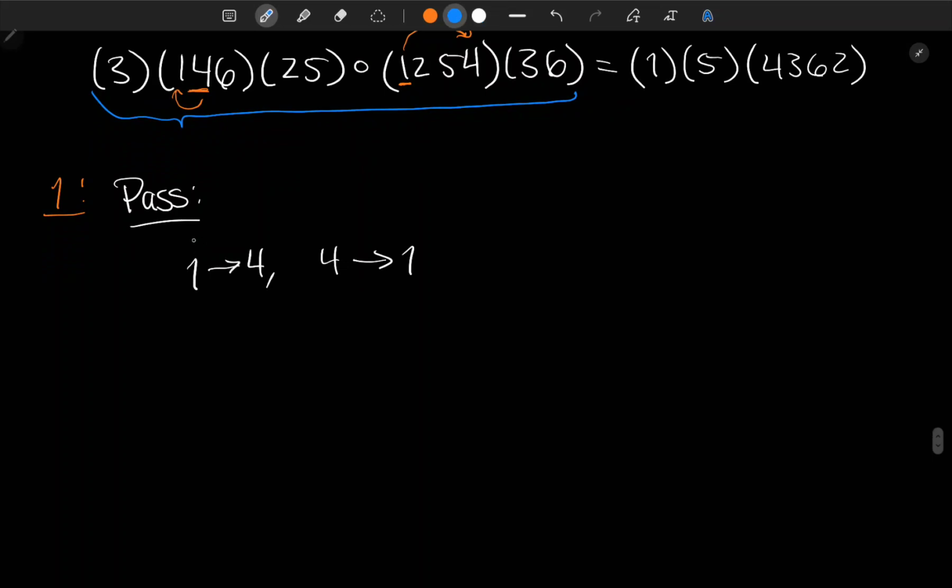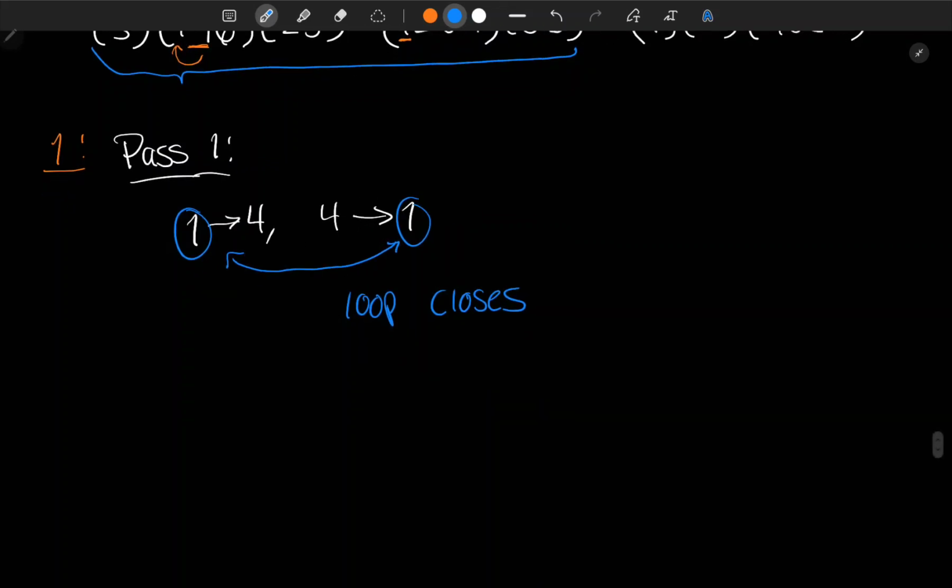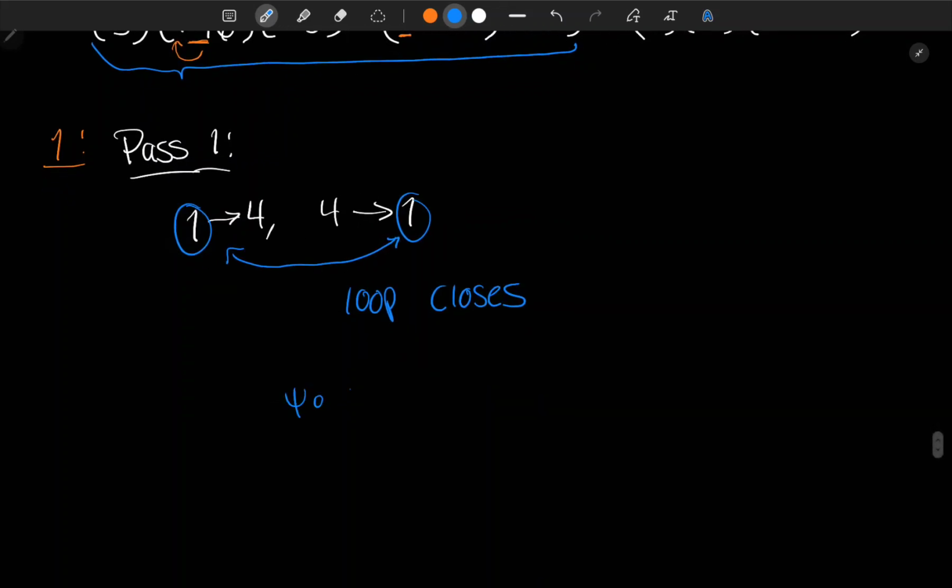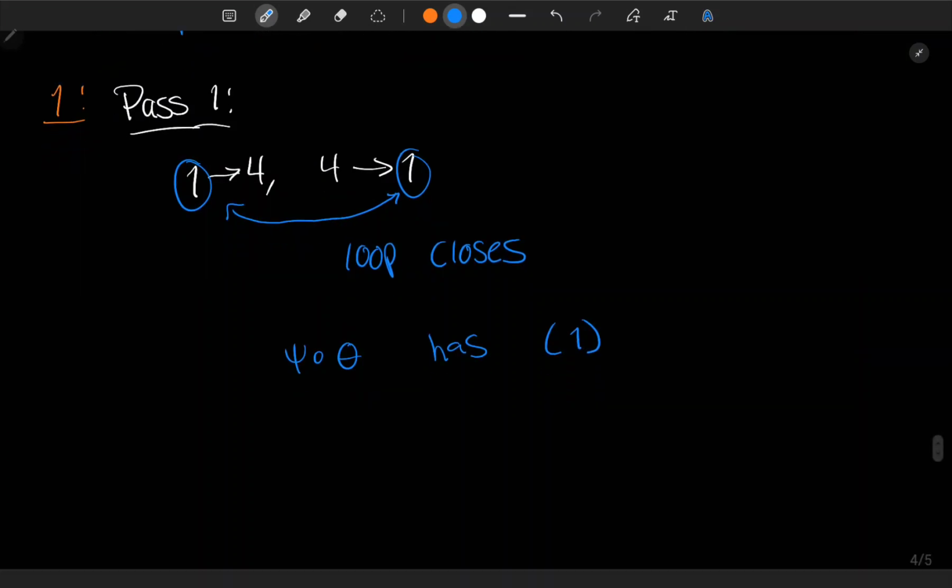So the way that this is interpreted is you have a 1 here, and in the very first pass, pass 1, you have a closed loop of 1. So since this loop closes, because these two numbers are the same, we say that psi composed with theta has this cycle. So just the 1 cycle. So we leave 1 alone.